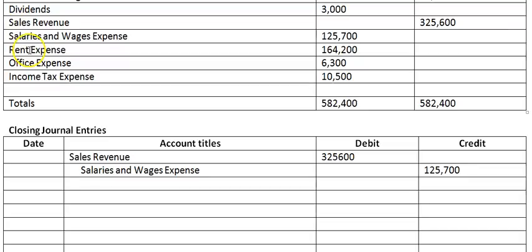Now the next expense is rent expense. It has a debit balance. We're going to do the opposite. And that's $164,200. And then office expense has a debit balance of $6,300. We're going to credit, do the opposite.